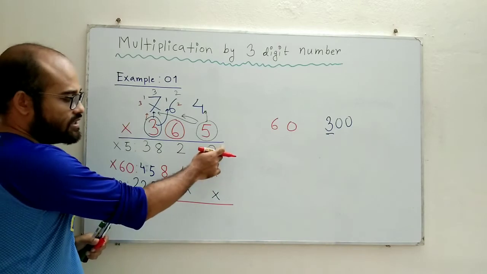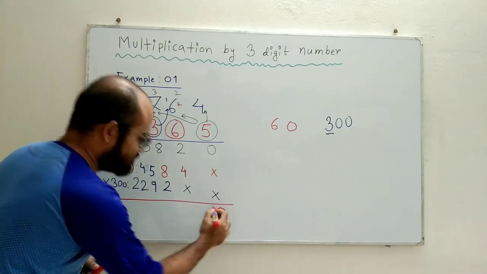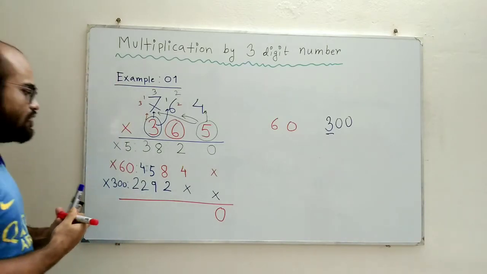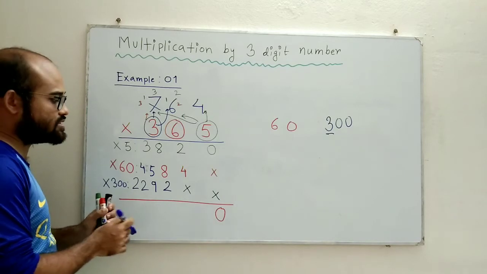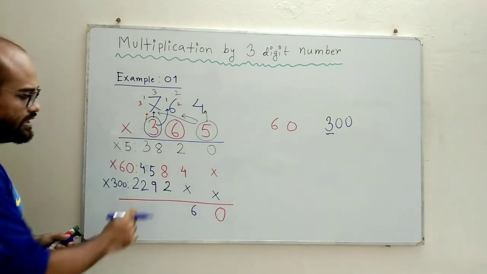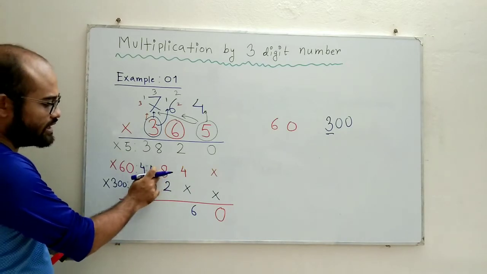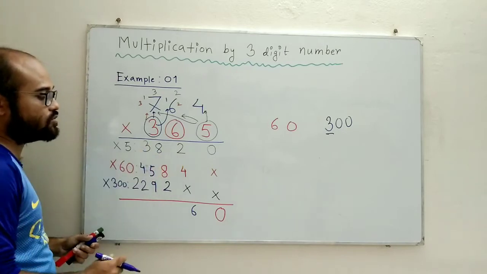There is a 0 in the units place, 0 also here, 0 also here. It gives us nothing but 0. I have 4 here and 2 above. So 4 plus 2 gives us how much? 6. So let's put 6. Over here I have 2 above 8. So 8 plus 2 gives us how much? 10. 10 plus 8 gives us how much? 18.